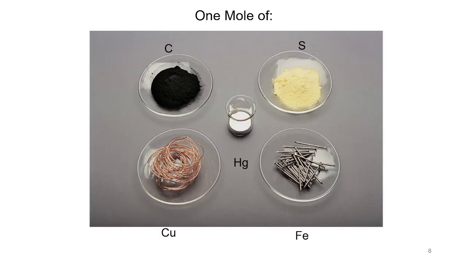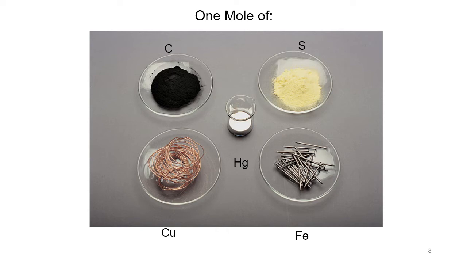So, to provide us a better sense of mole and grams, each element can have the same mole quantity, but they may weigh differently. As you may see here, we have 1 mole of carbon, copper, iron, mercury, and sulfur, and they are in different quantities.